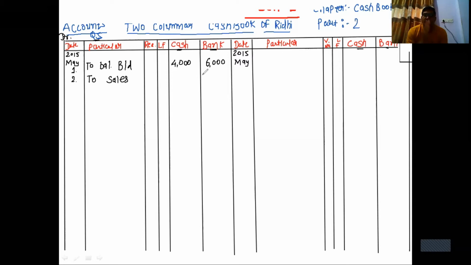Out of 5,000, we have to deduct 10% trade discount, so our income is 4,500. But we have to check whether it is received by cash or check. So here they wrote a check issued. So it is a bank transaction, and that's why we have to write this amount into the bank column, 4,500. This is the second transaction, second date.